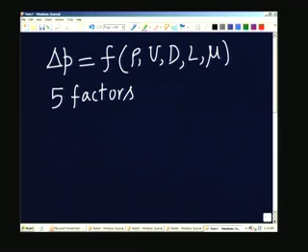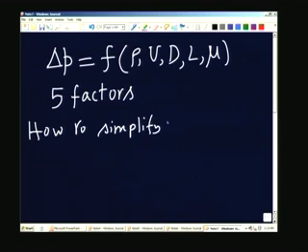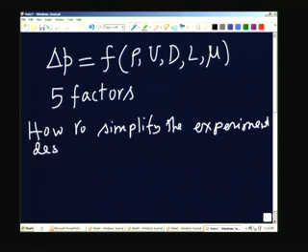Of course, that is one way of looking at it. A second way is how to simplify the experimental process or experimental design. That is the question I am asking.